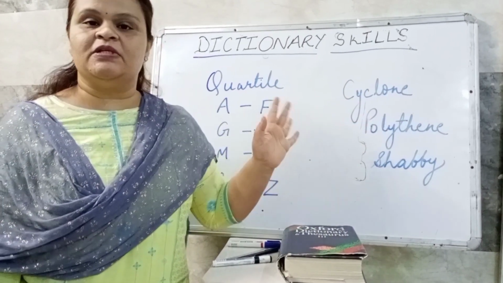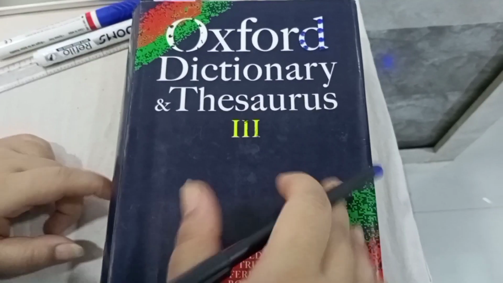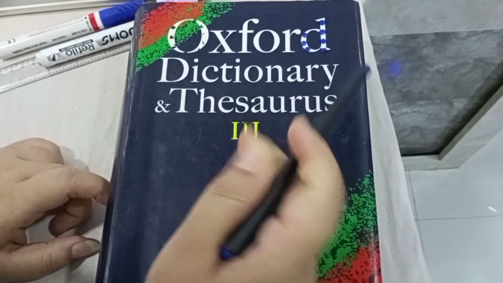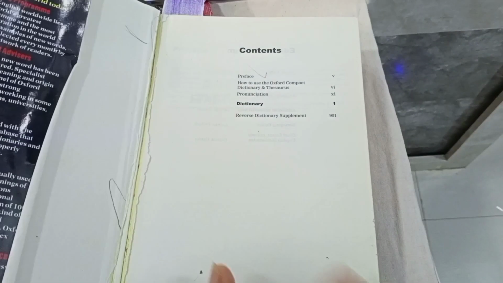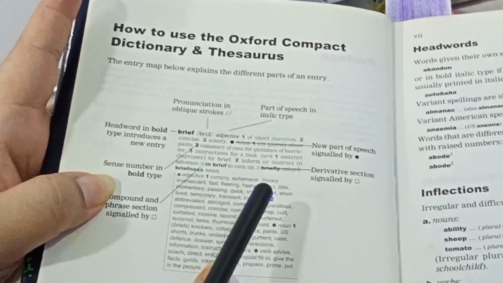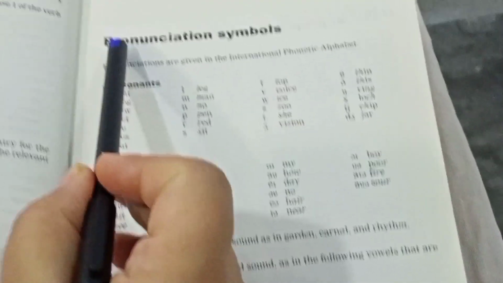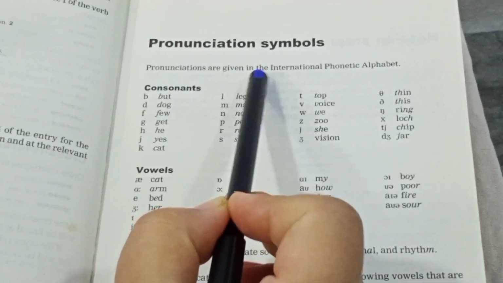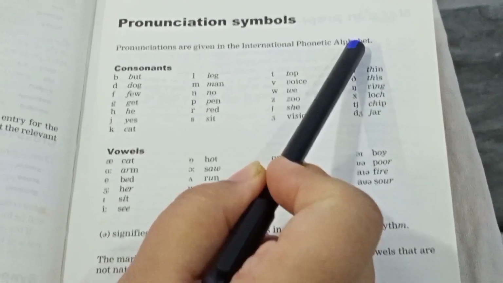Just the examples which I have given. See children, this is the Oxford Dictionary. It's a monolingual dictionary, English to English. See, how to use the dictionary, each and everything is given here. And the most important, pronunciation symbols. Pronunciations are given in the International Phonetic Alphabet.